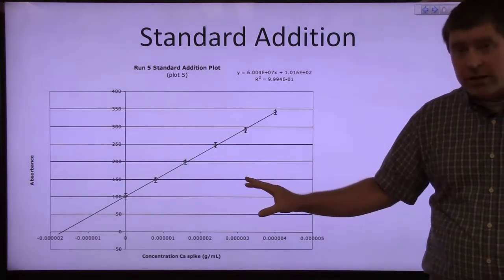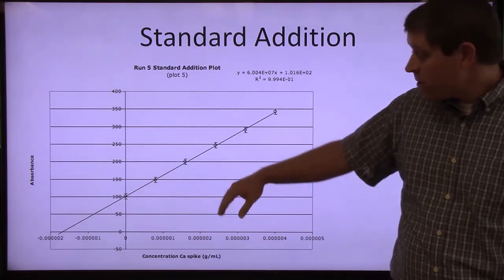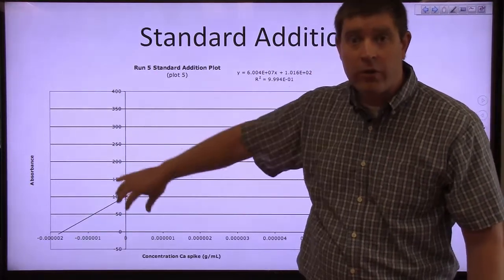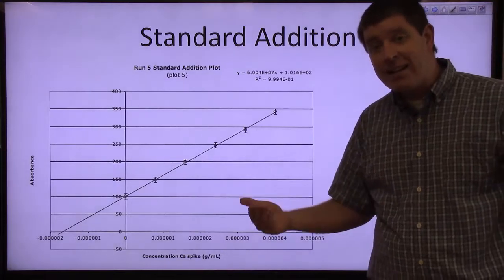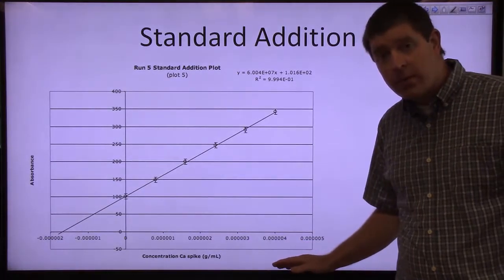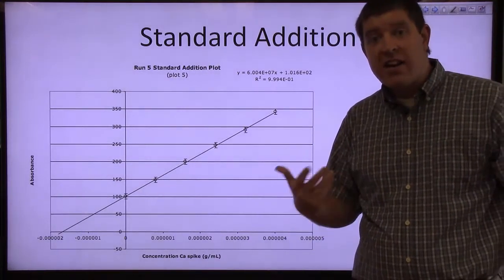When you actually go to plot this then, you'll get something like this, where you'll have your absorbance or whatever else your signal is on the vertical axis, and you'll have the concentration of added analyte on the bottom. So the concentration of the standard that you have added.